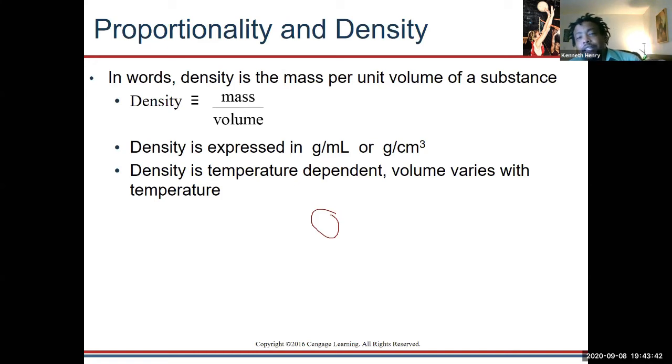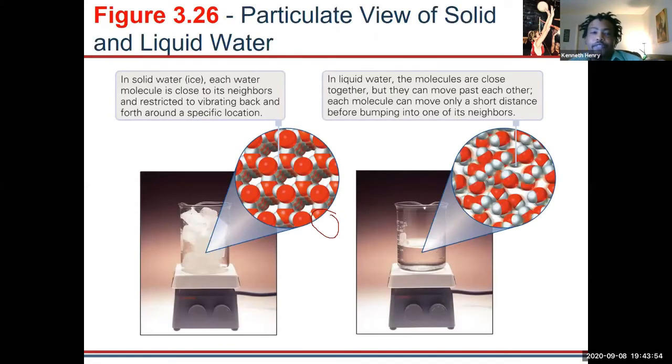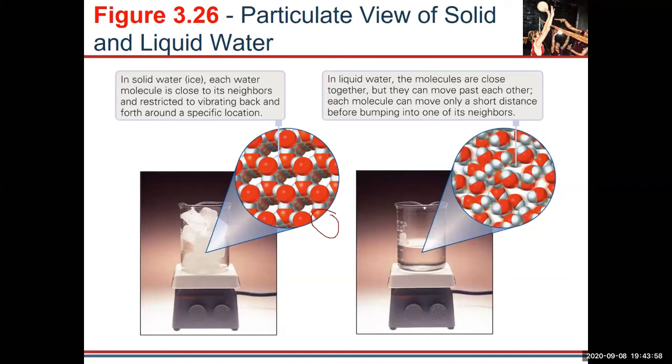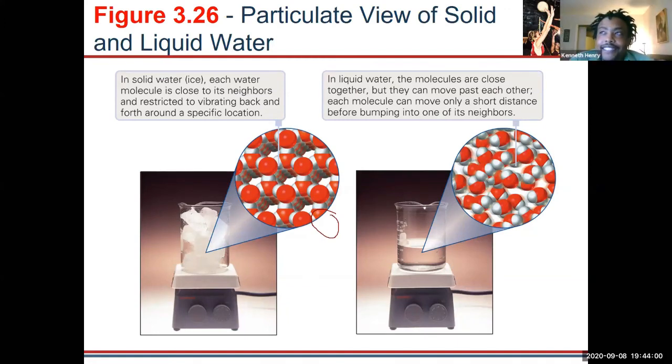Can anybody tell me why the density of water when it's solid is less than the density of water when it's a liquid? I'm making stuff up. Is it because there's less volume? No. So why does ice float on water?